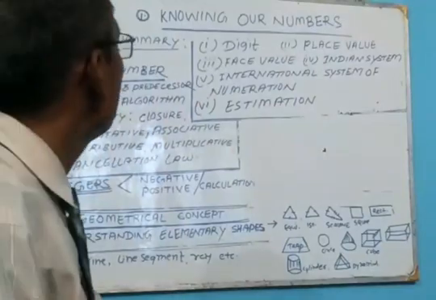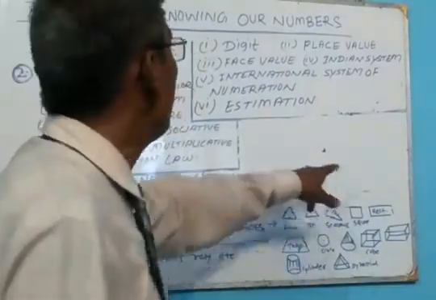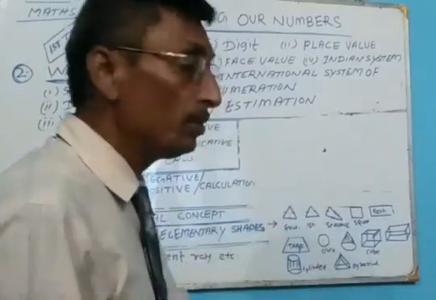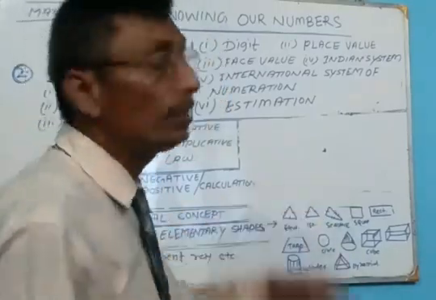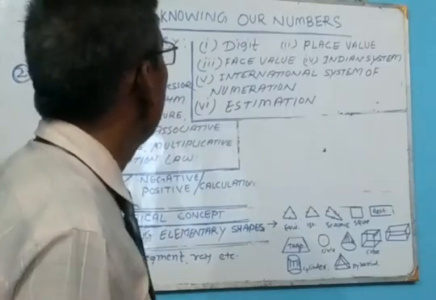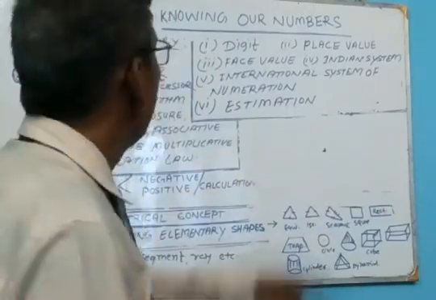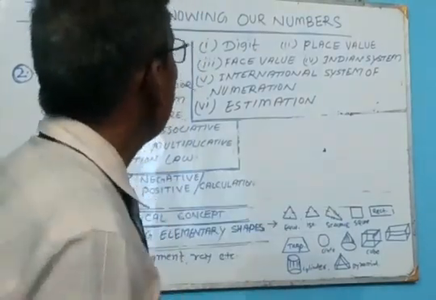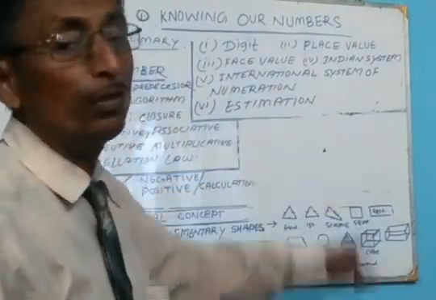It is the point. The definition says that it has neither length nor breadth nor thickness, but it is impossible, so it is not defined easily. We only understand it. It is the point of location only.